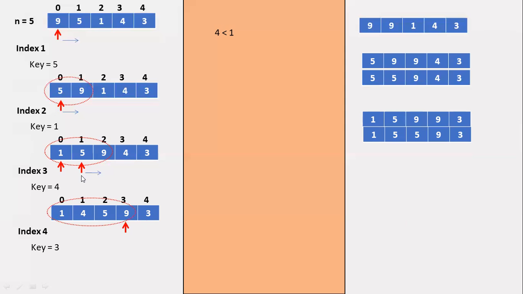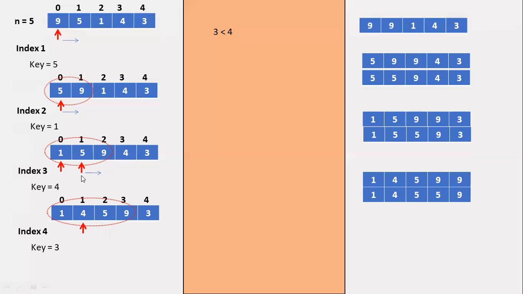The output will be 1, 4, 5, 9, 9. Now again we compare the key with the next element, that is 3 with 5. 3 is less than 5, the condition is true. So 5 is moved to index 3, and the output will be 1, 4, 5, 5, 9.